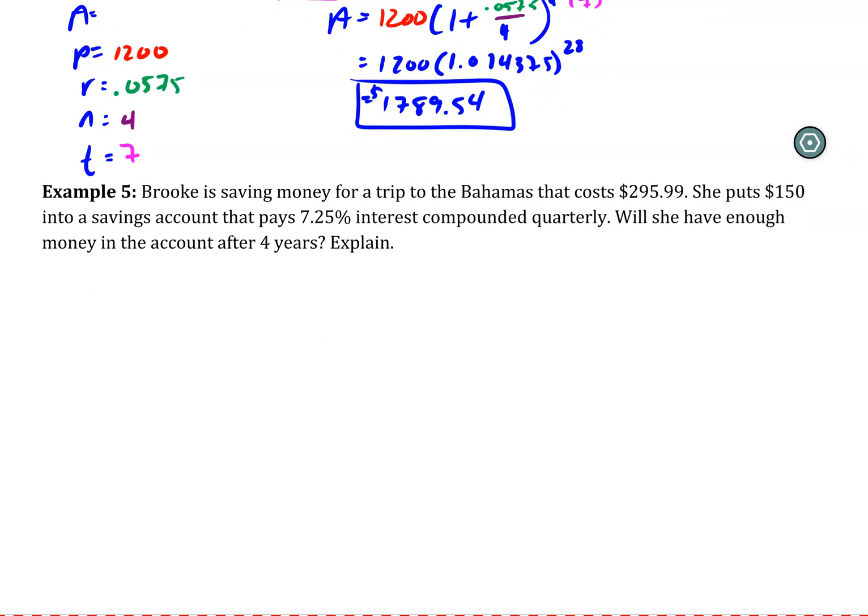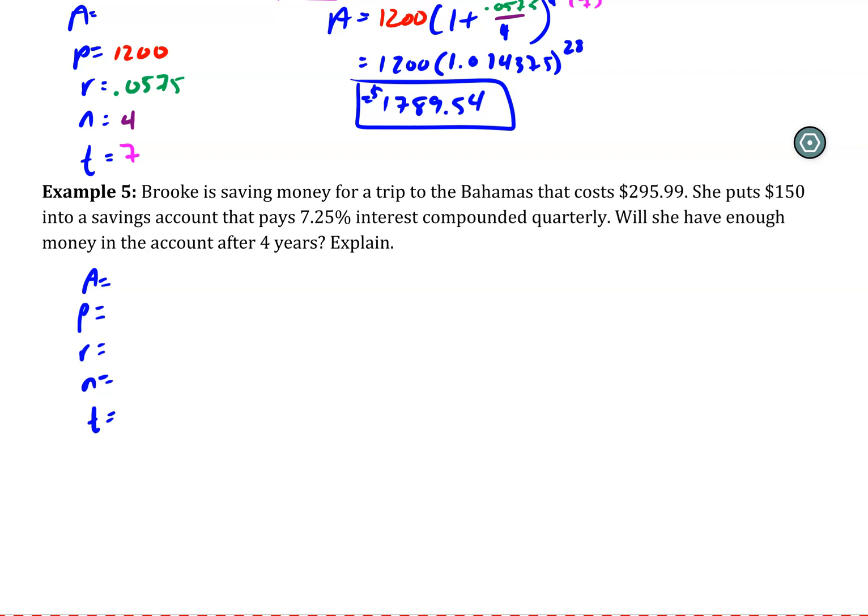All right. So this one here, Brooke is saving money for a trip to the Bahamas that costs $295.99. She puts $150 in a savings account that pays 7.25% interest compounded quarterly. Will she have enough money in the account after 4 years? So let's see. Let's plug in what we know.